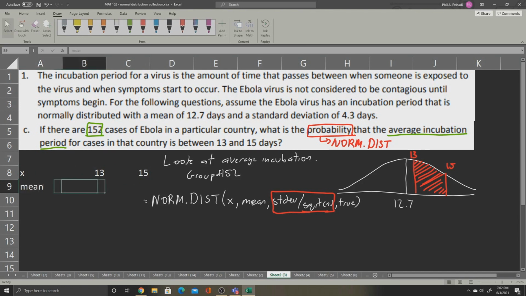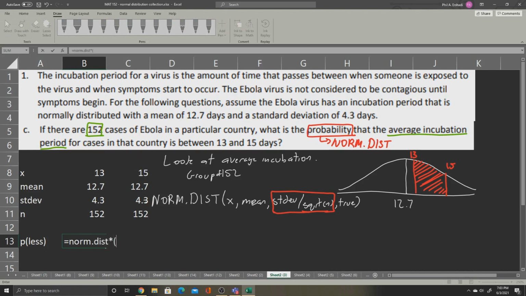The mean is 12.7 for both. The standard deviation is 4.3 for both. And then the sample size that we're looking at is 152 because the size of the group is 152 for both.